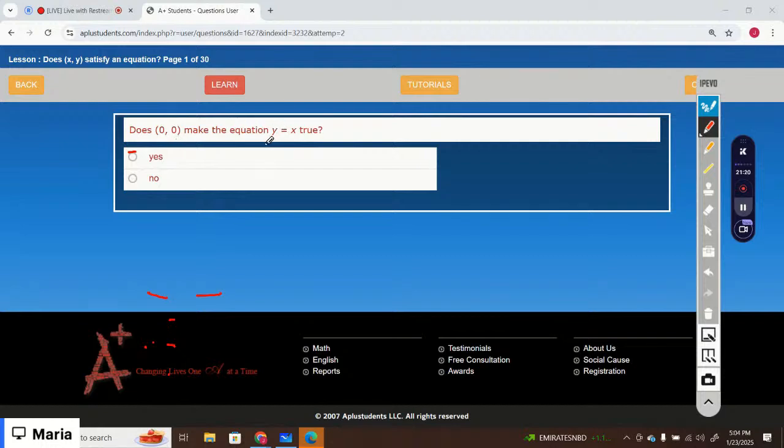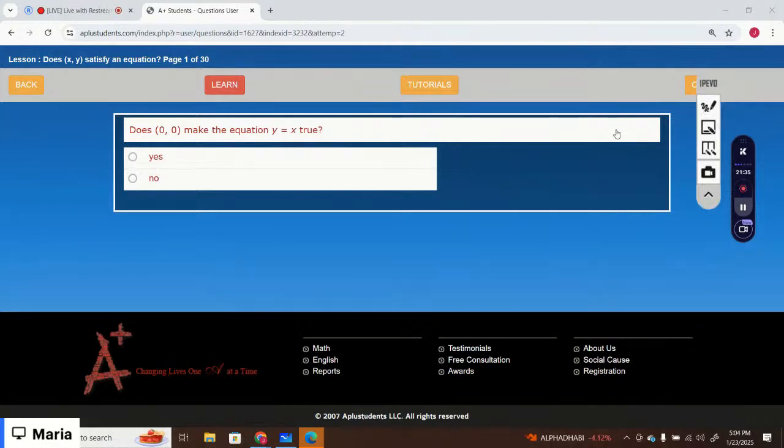Does (0, 0) make the equation y equals x true? So just put the values in the equation. y is 0, x is 0. Both sides are equal. That means yes, (0, 0) makes the equation true.